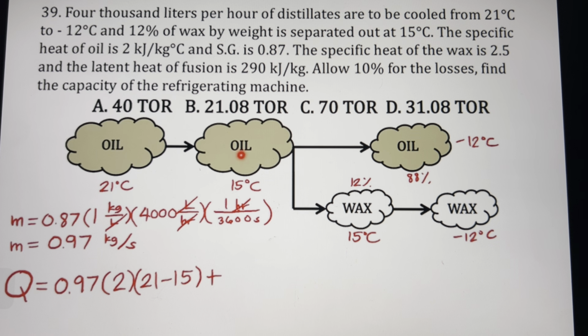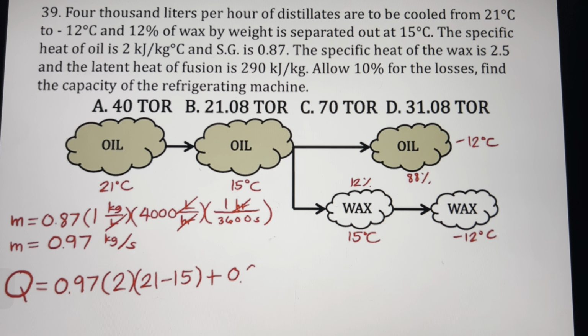That is still sensible heat, mCp delta T. But in this case, our oil is now 88% of our weight. So we have here 88% times mCp, which is still 2, times the change of temperature, 15 minus -12.